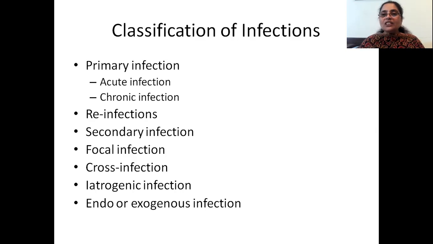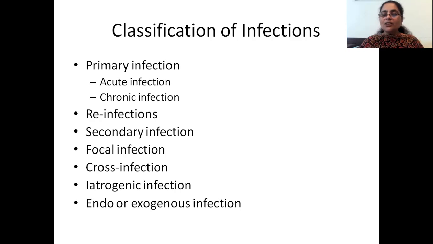Now, iatrogenic infection. This happens because of medical treatment, maybe due to the unhygienic conditions in which a patient is treated, maybe due to the clinician's hands not being properly washed after each and every patient, maybe the side effect of some drug.